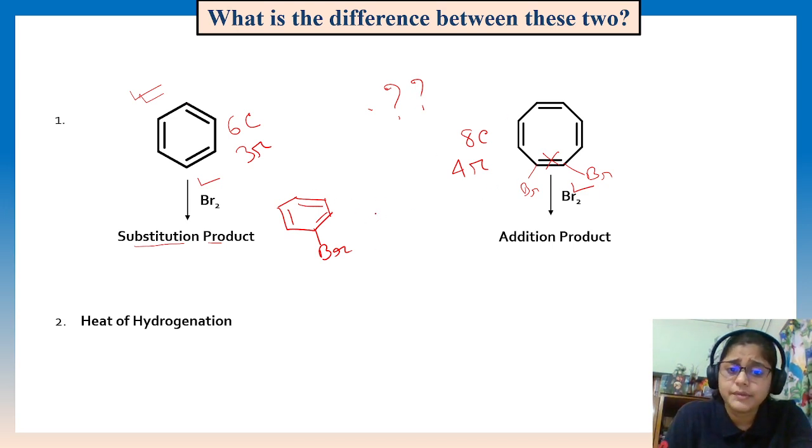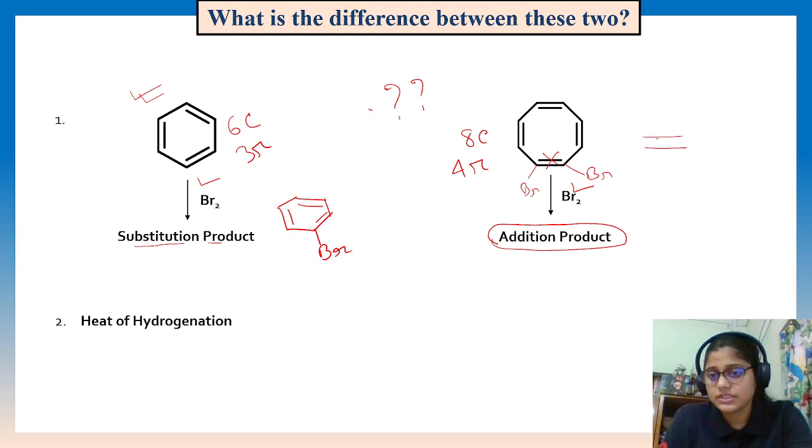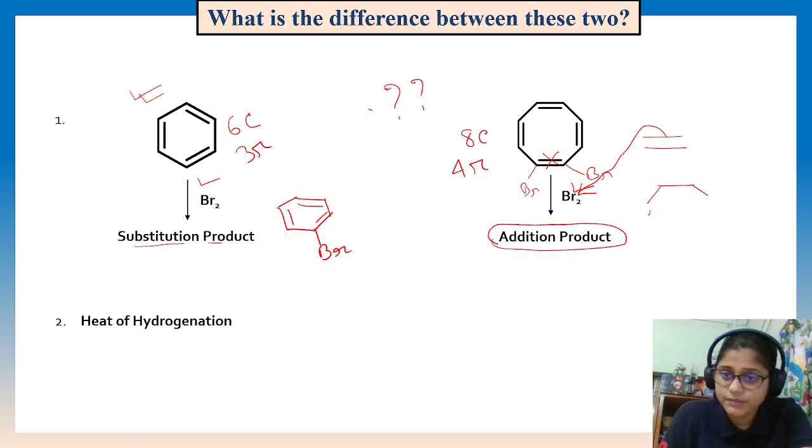So why is this happening? We know addition is a common chemical property of simple alkenes, of a double bond: it has electron density and will attack Br2, so the two Br atoms attach to the two ends of the double bond.